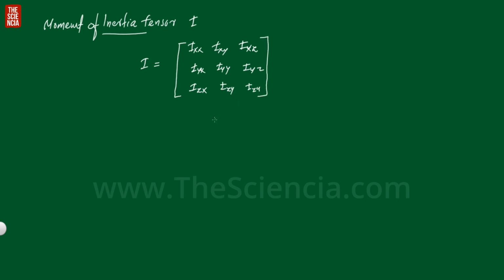Right. Here, the diagonal terms, that is Ixx, Iyy, Izz, tell the moment of inertia about the x-axis, y-axis and z-axis respectively. And the off-diagonal elements, that is Iij where i is not equal to j, are called the product of inertia.